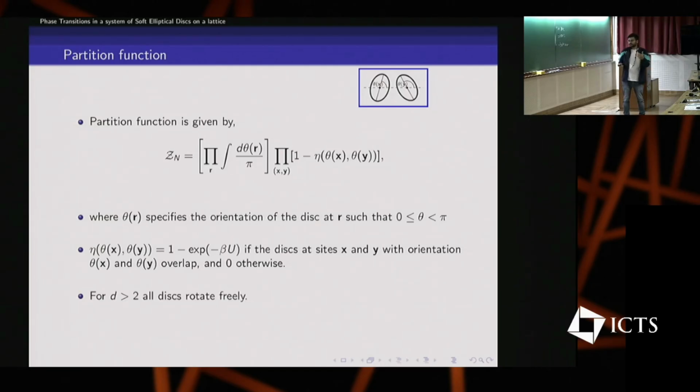For D equal to 2, from this geometry, because we have fixed the semi-major axis to 1, it becomes a trivial non-interacting limit. So from this formulation, the problem boils down to finding whether two disks overlap or not.